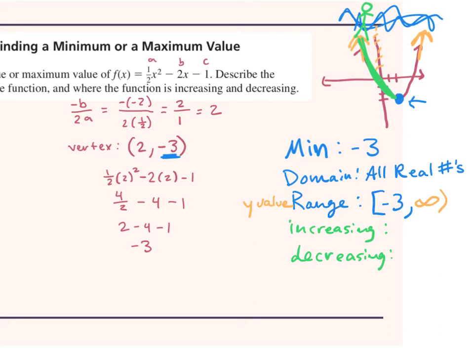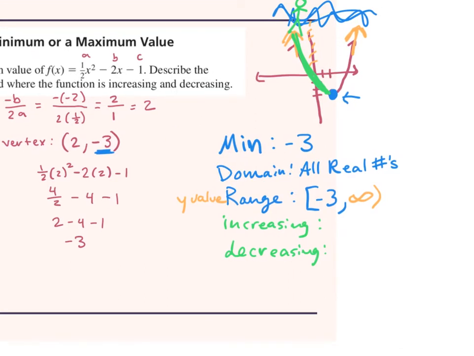Downhill. So I would be decreasing to the left of our vertex, so left of 2. And then on the right side of our graph, we change from decreasing to increasing. So I'd be increasing right of 2. So for increasing and decreasing, we look at our x value.